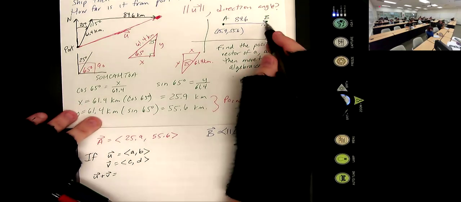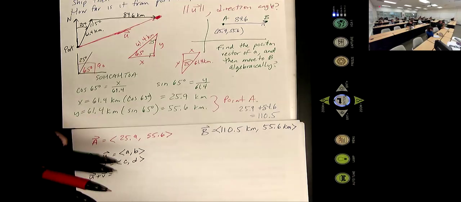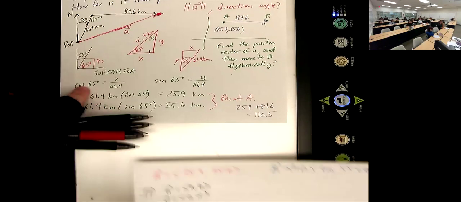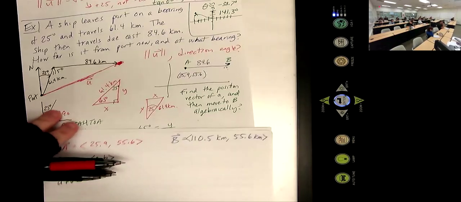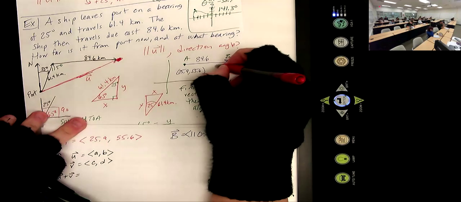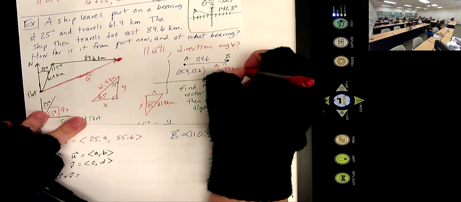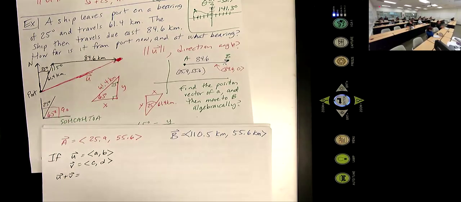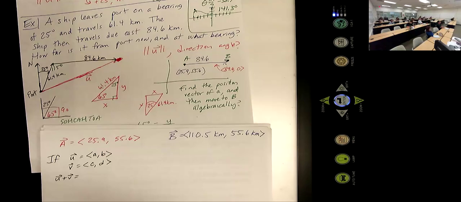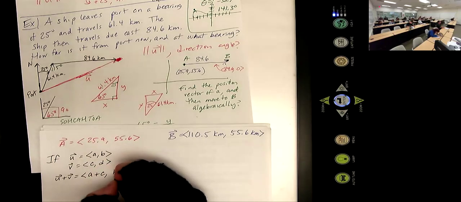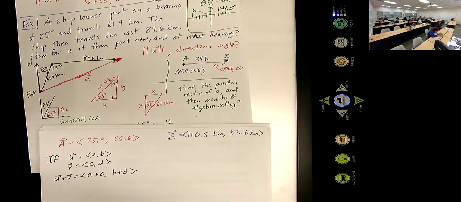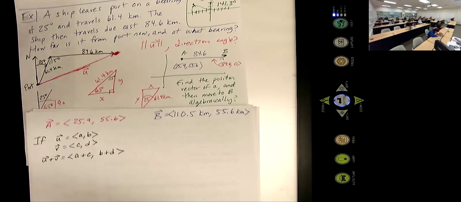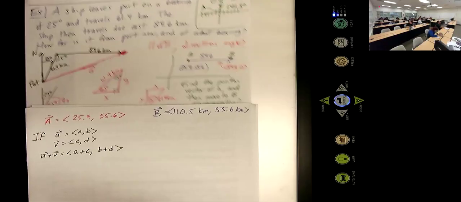Because this vector from A to B, if I did it at the origin, the 84.6 vector, is 84.6 comma 0. It's got no y change, it's just in the x. What we did is we added the x components and effectively added the y components, but one of them was 0. A plus C, B plus D. So you just add the like terms: x's add to x's, y's add to y's.